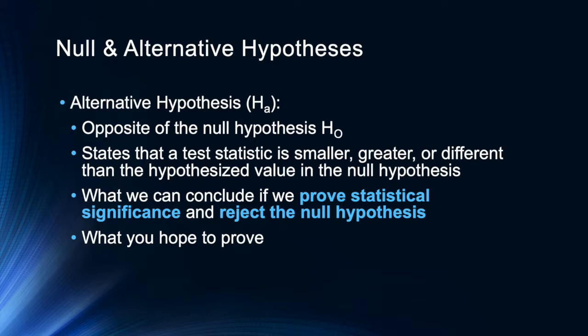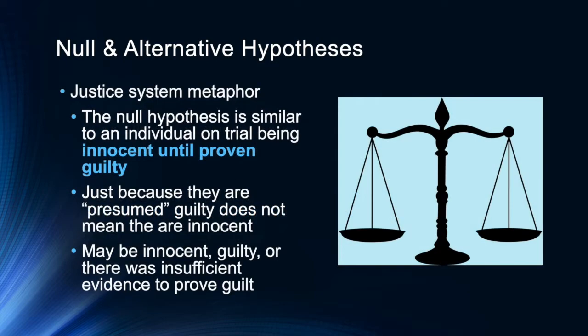I think this metaphor works pretty well. When I was looking through websites for how to explain this, the justice system metaphor works well here. The null hypothesis is basically the same as innocent until proven guilty. You're not saying that they're innocent, and you're not saying that they're guilty.